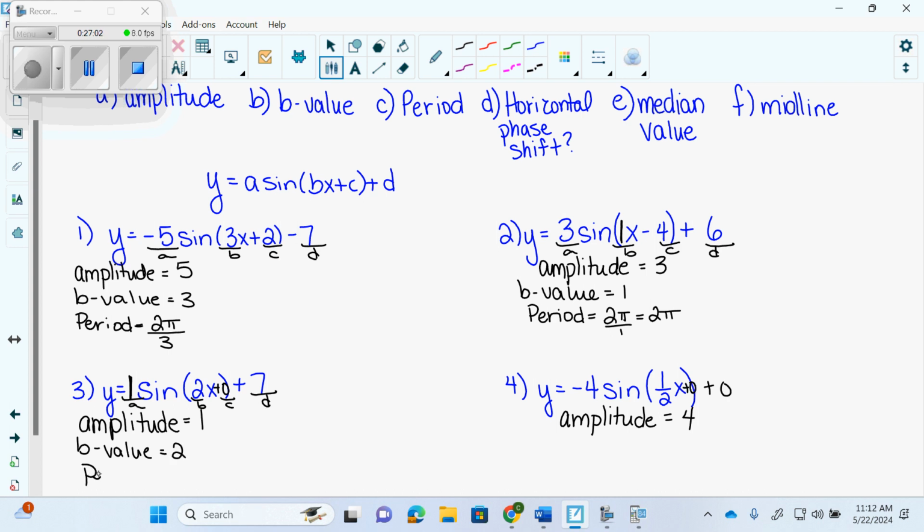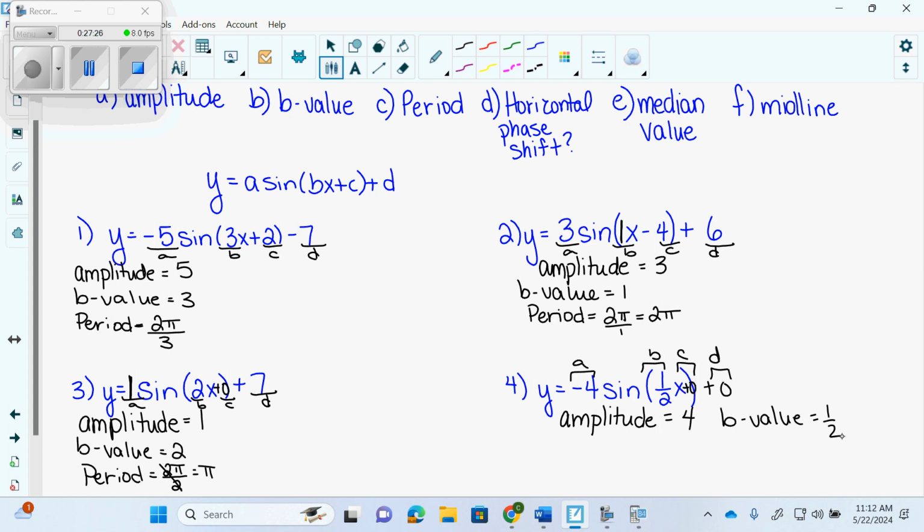The period is 2 pi divided by B, which is 2, so it is pi. A, B, C, D. The B value equals a half. If the B value is between 0 and 1, your period is getting bigger. Yep.